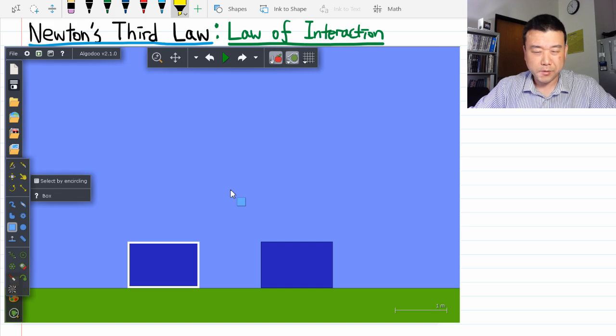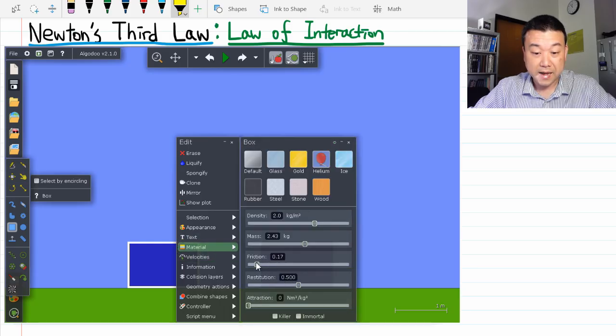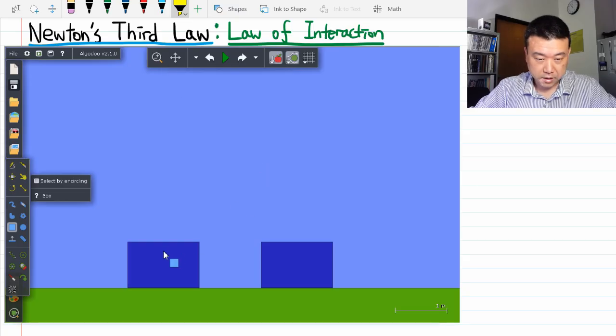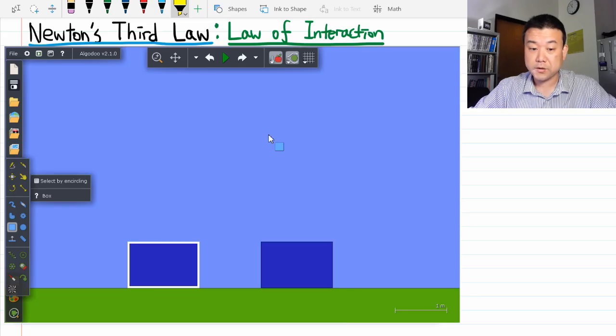Alright, let me do a couple things that's going to make things easier for me. I'm going to make these boxes frictionless and elastic. It makes them ideal in some sense. It makes the descriptions easier. And let me slow down the simulation speed so that I have some time to talk. Alright, double check that one of these boxes has some initial velocity, so they move. And let me run the simulation.